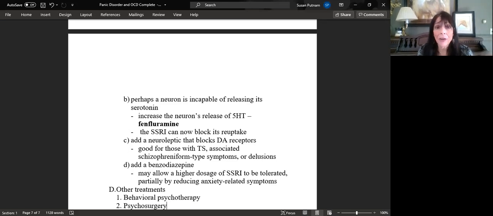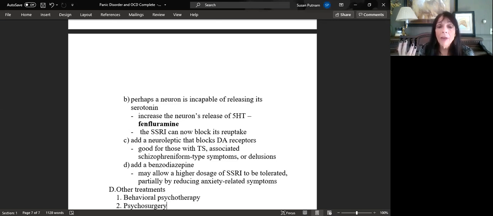Okay, add a neuroleptic. Neuroleptics block dopamine receptors. And this is particularly good for those individuals who have Tourette syndrome symptoms, those very schizophreniform type symptoms, or delusions. Yes, delusions, which occur in some individuals with OCD.